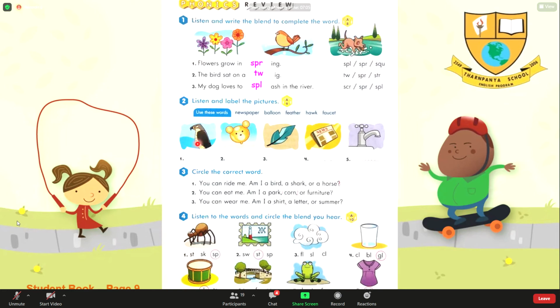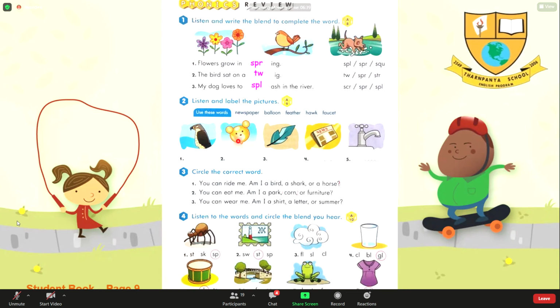Hawk, balloon, feather, newspaper, faucet. One more time. Hawk, write the name under the picture.